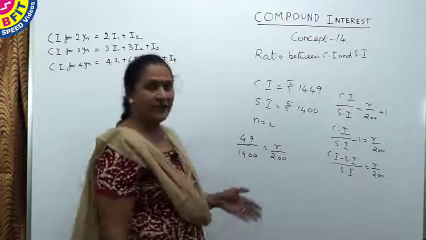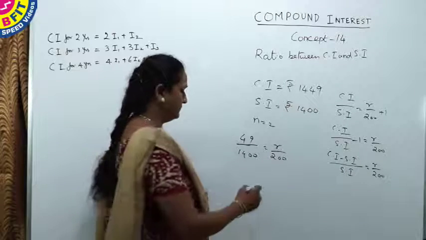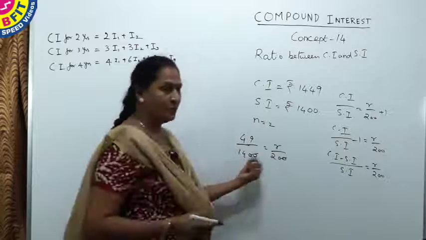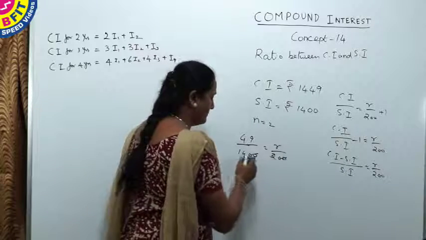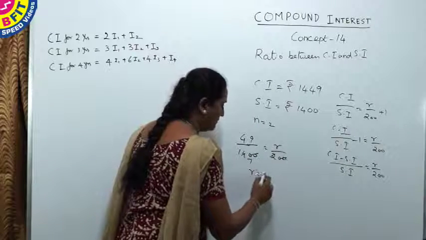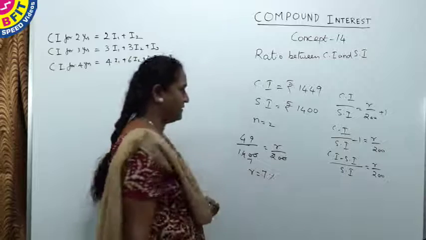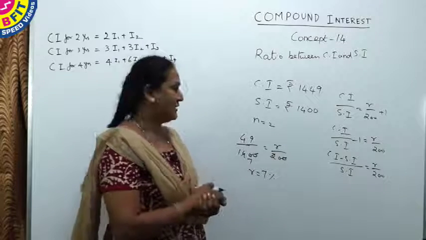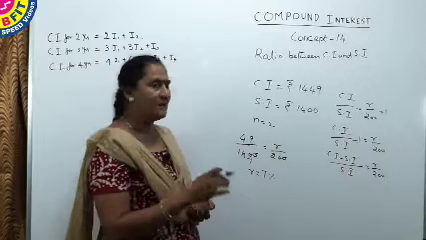Simplifying, we get the rate. We can cancel from here also because both are in the denominators. And what is the rate? 7%. So we have got one answer as rate 7%, and we are asked to find the sum deposited.